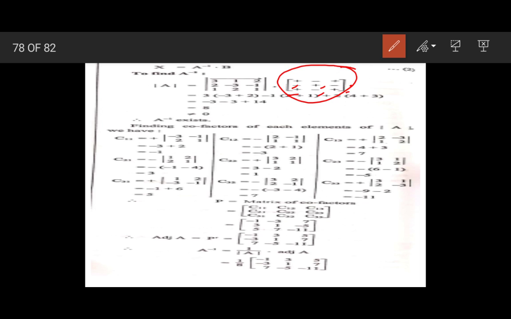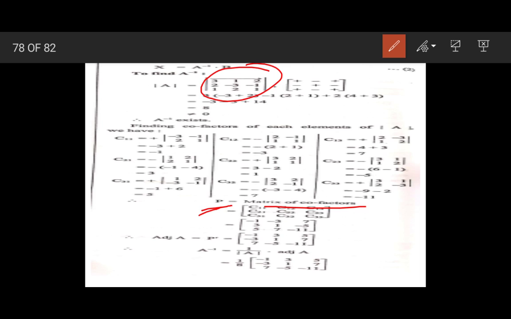Then the cofactor of 3 means take the sign plus, then delete the first row and first column and find the determinant of the remaining numbers. Like this you have to find cofactors for all the elements. After finding cofactors, the next step is writing the cofactor matrix, the P matrix. P is the matrix of cofactors.